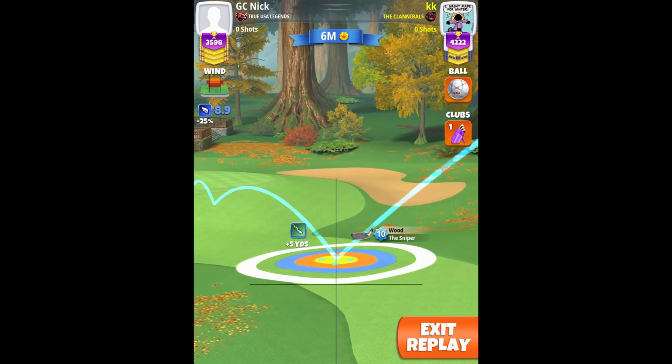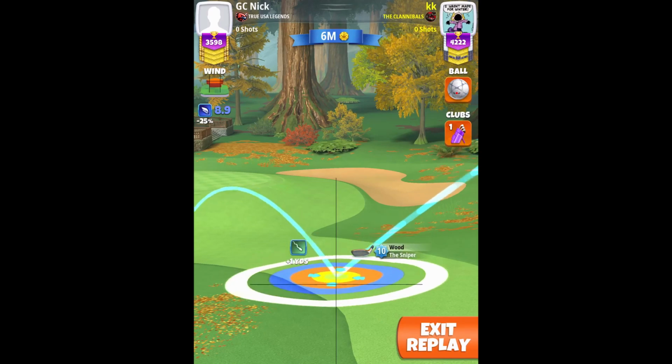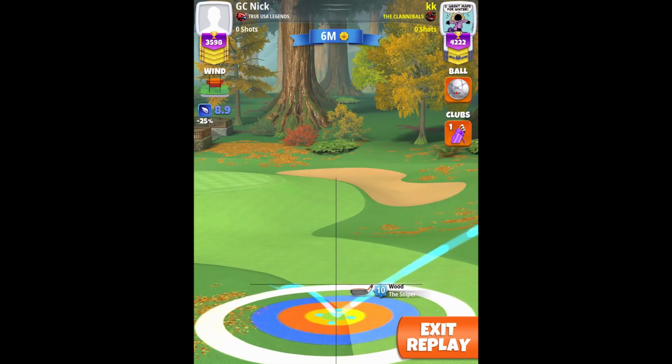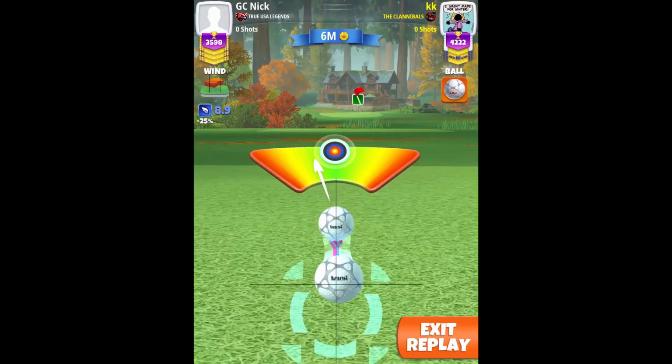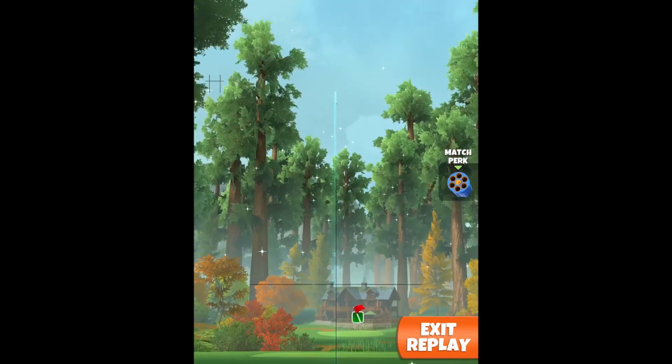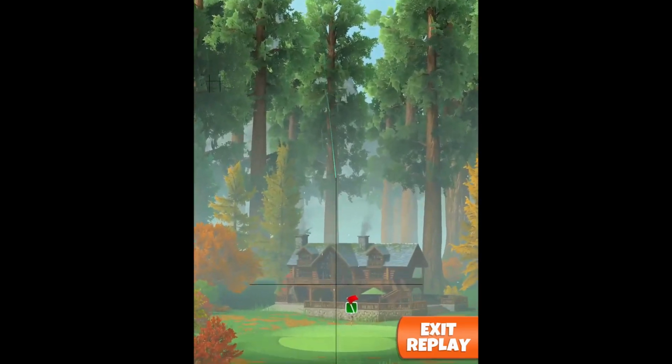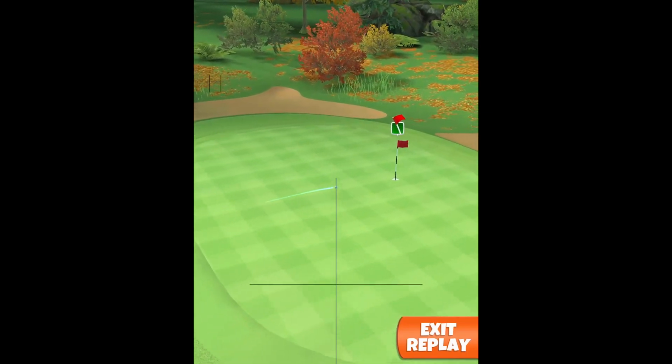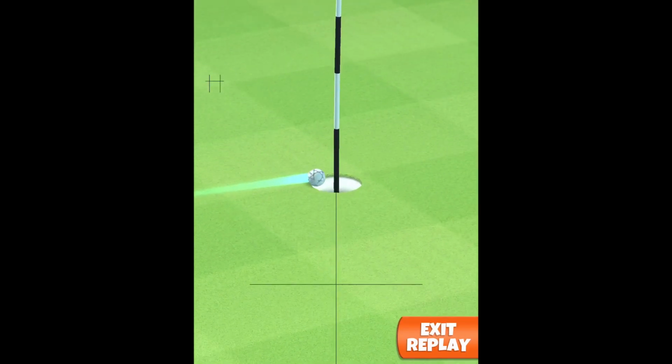And I'm adjusting plus 15% max. And this one dropped.